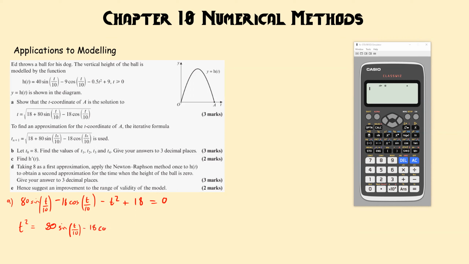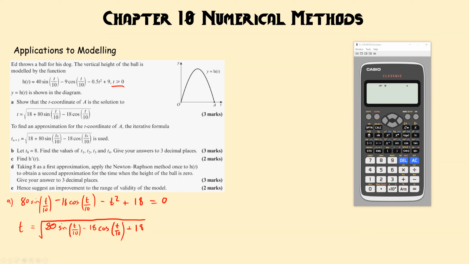Minus 18 cos t over 10 plus 18. And then, of course, to get my answer, I just want to square root that. So getting rid of the square, I'll get that thing going on. Now we know t is time, so it needs to be bigger than or equal to 0. So I'm not going to put the plus minus in front of this. In the question, I'm told it's the positive.